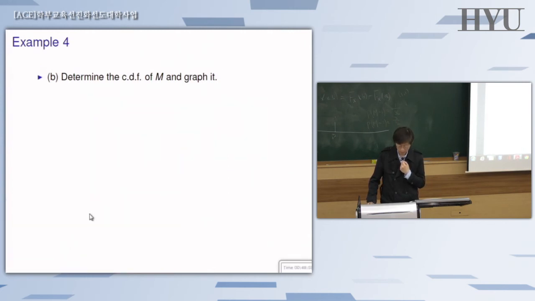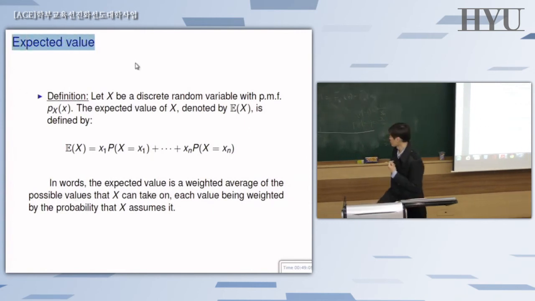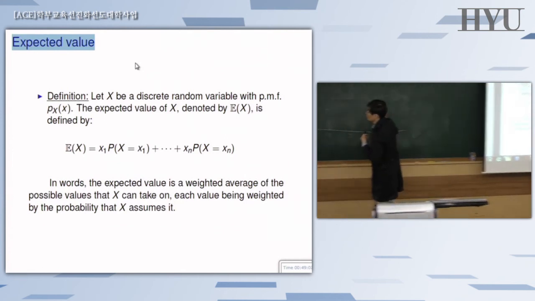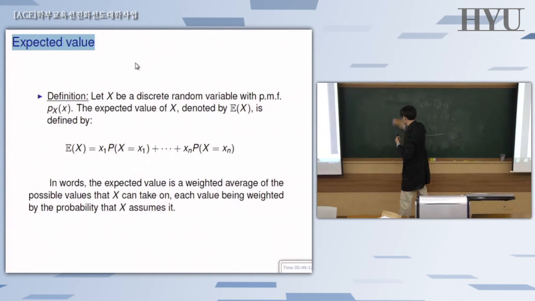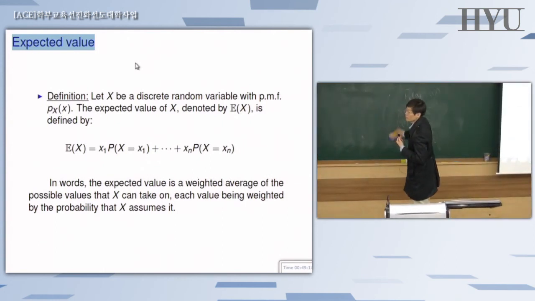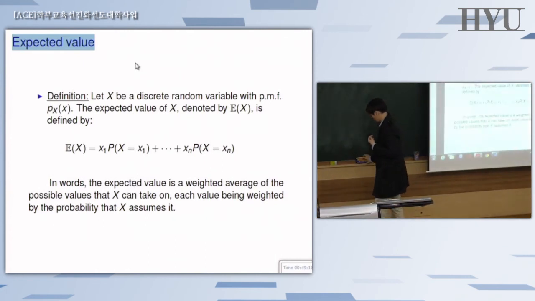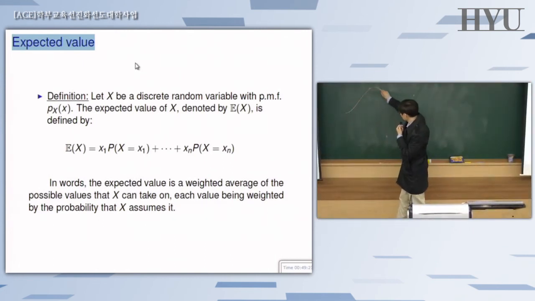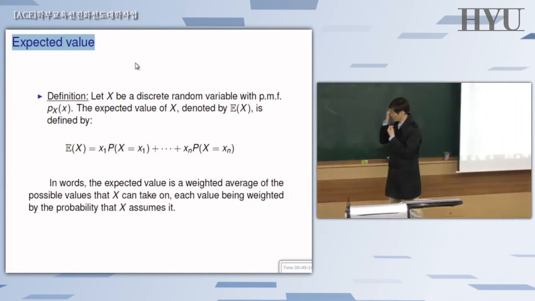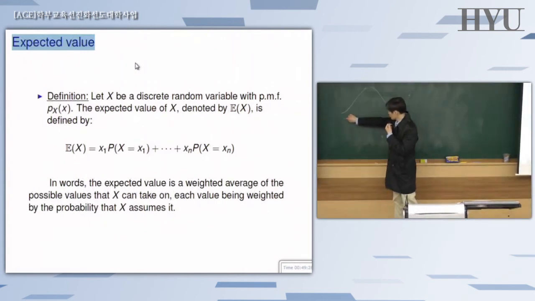Now we move over to the next topic, which is another very important definition, expected value. So imagine that there's a distribution, a smooth curve. We don't know the specific characteristics of this one, so we need to figure it out.